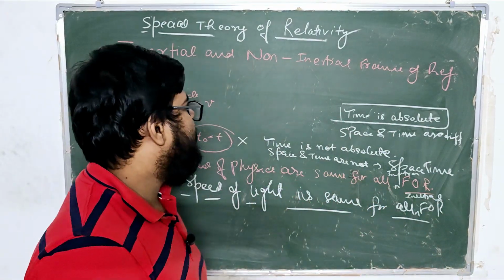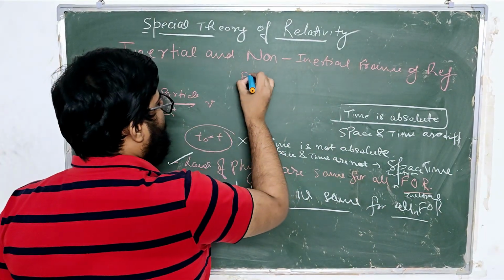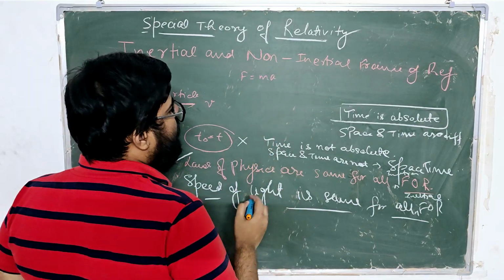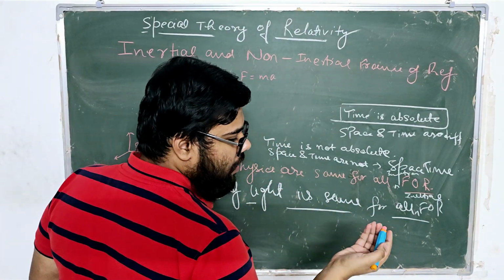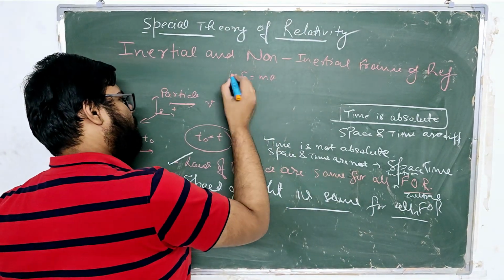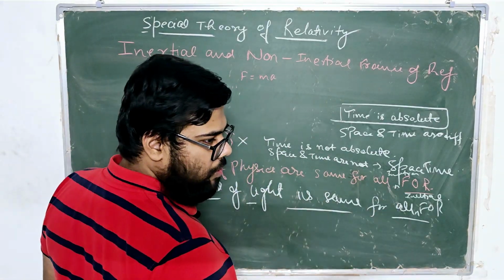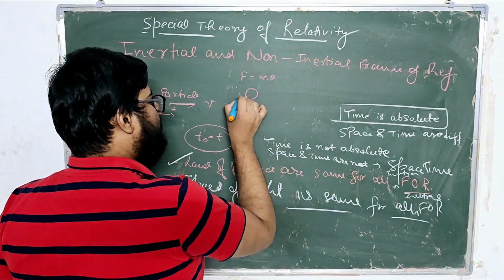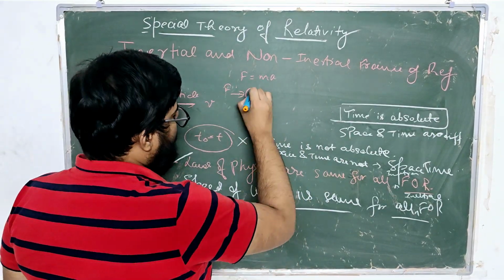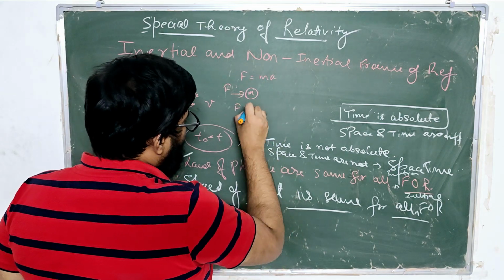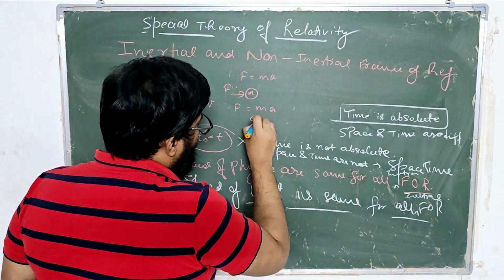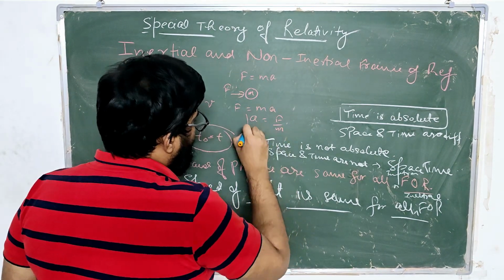Newton stated a formula F equals ma, so if you keep on giving force to an object, it will keep on accelerating, and acceleration will be given by F by m.